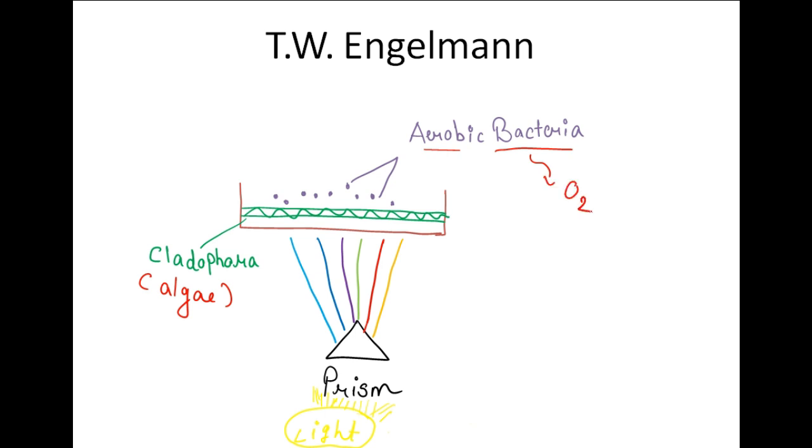Now he took the suspension and then took a prism and passed light through it. The observation from this experiment was that the bacteria grew abundantly in two regions of the split light spectrum, the blue and red light.